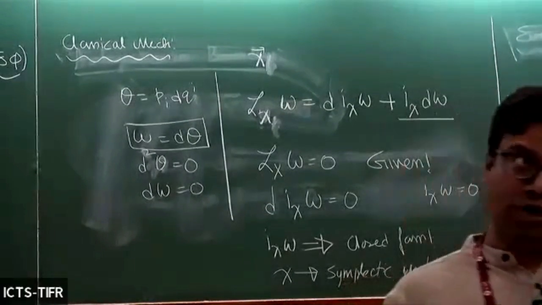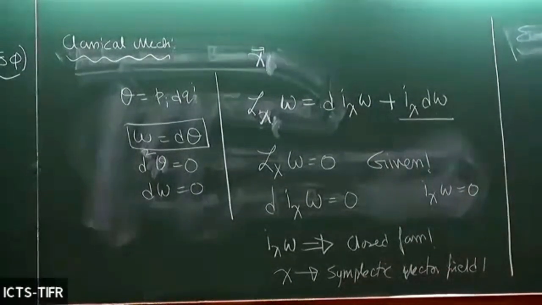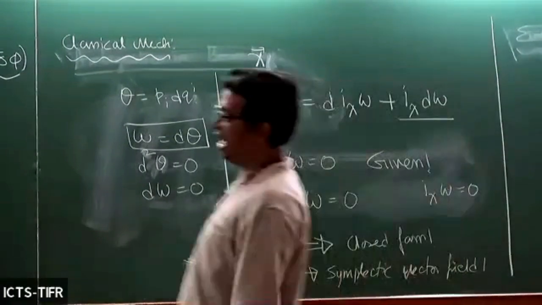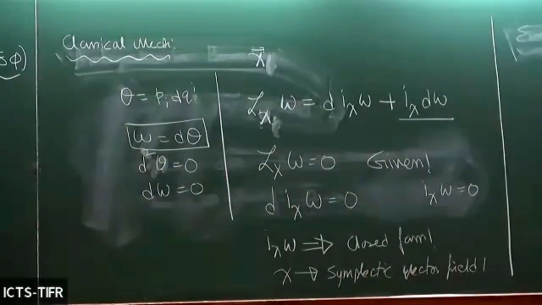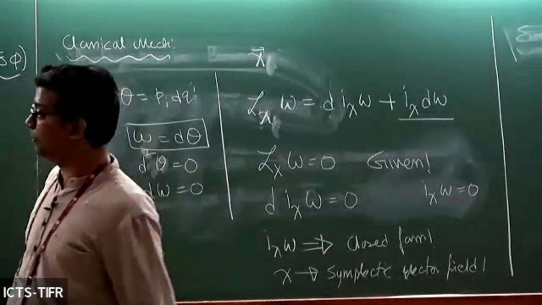A good example would be, let's say A mu has 4 components, you can choose a Lorentz gauge. Further, you can choose another subsidiary gauge condition, and you are left with only 2 physical degrees of freedom. Like an electromagnetic field has only 2 physical degrees of freedom. Similarly, that procedure has to be done here. Otherwise, this is not going to be the actual symplectic current. That is why I use the word pre.